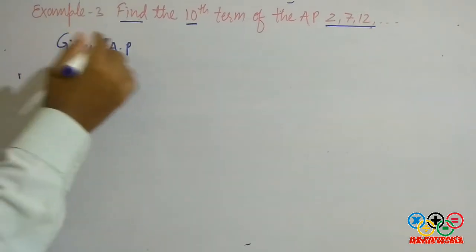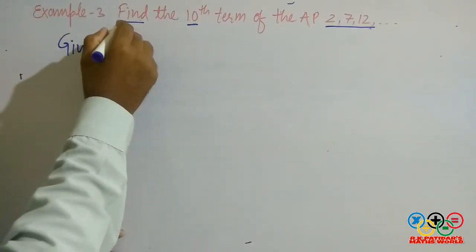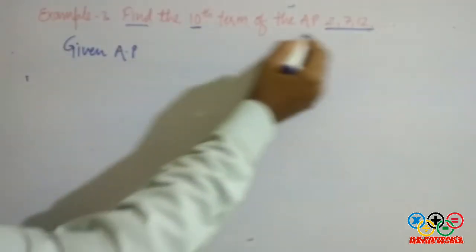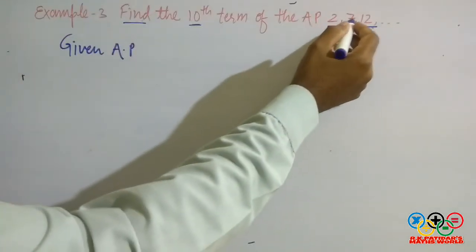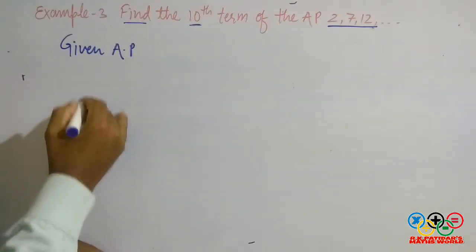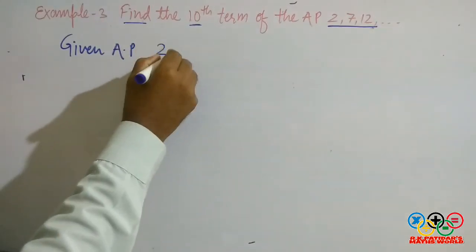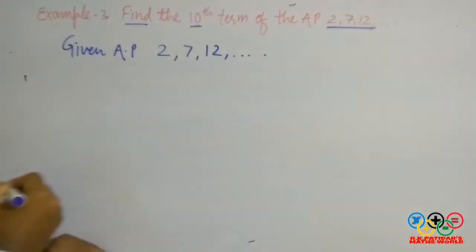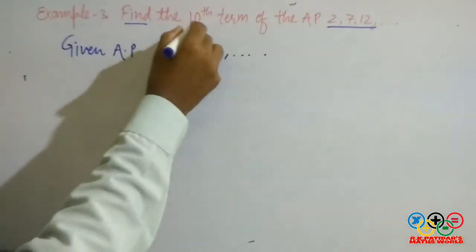Example number 3 of NCERT. Find the 10th term of an AP. The given AP is 2, 7, 12 and so on. We have to find out the 10th term.